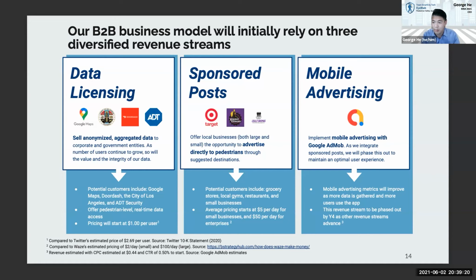My example was ADT, a security company that would be really interested in leveraging our data. We would definitely be interested in a strategic partnership where they could use our data and we could use their resources to directly connect pedestrians with emergency services as needed. That's definitely a huge potential possibility. It's certainly not something we've fully fleshed out yet, but it's an option we've discussed.